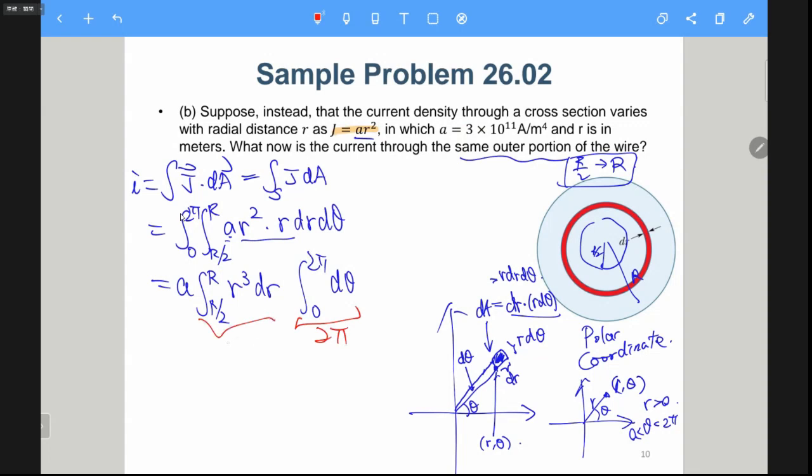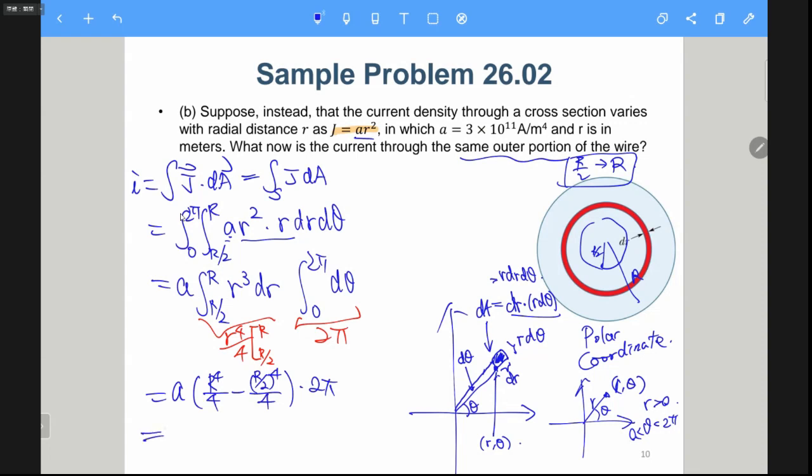This is r to the 4th power over 4, sorry, it should be small r, evaluated from R over 2 to R, like that. So this is nothing but A times R to the 4th power over 4 minus (R over 2) to the 4th power over 4, times 2 pi.